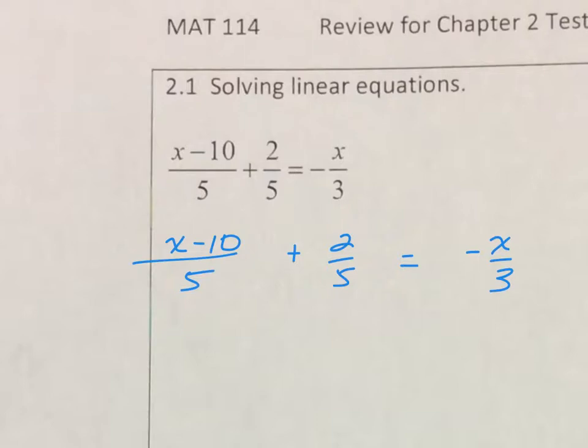Okay, so if I wanted to clear the fractions, Cannon and Chrissy, I would multiply by what number? 5 would not clear all the fractions. It would clear some of them. What would clear all of them? 15. Let's multiply everything by 15, class.